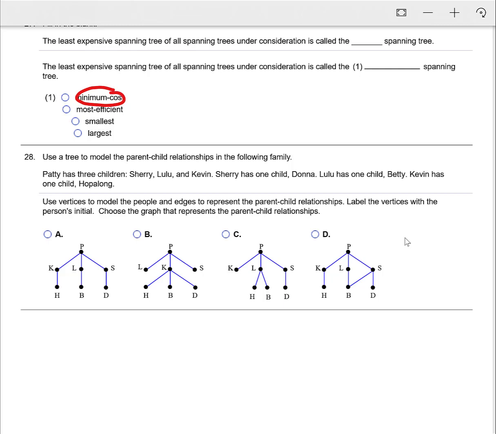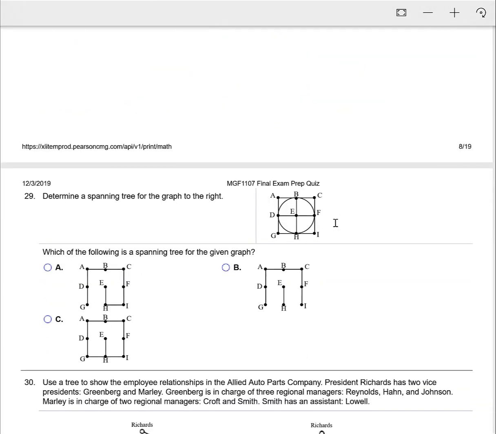Sherry has 1 child, and Sherry's on the left in all the pictures, and we can eliminate this one because it doesn't show Sherry having a child. This one looks a little unusual. It shows Sherry sharing a child with another sister. And then Lulu has 1 child, and Kevin has 1 child. So the correct answer here must be A. Each of her children has 1 child. So the correct answer is going to be A.